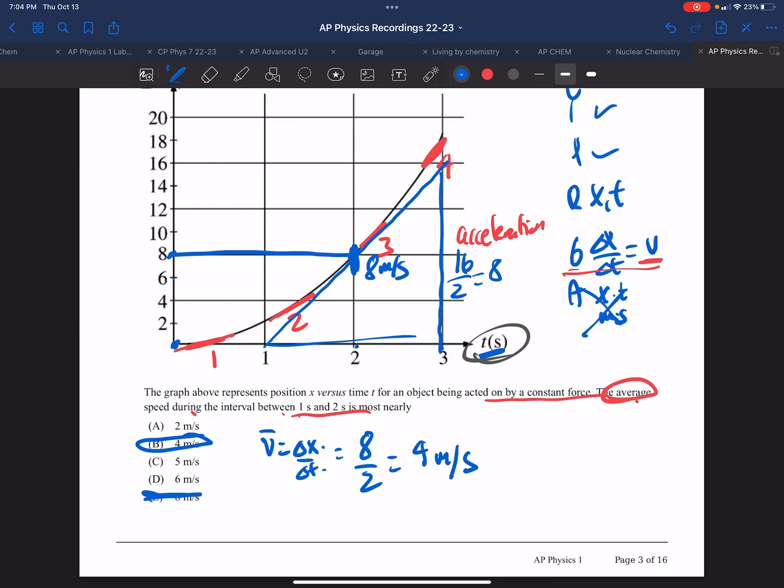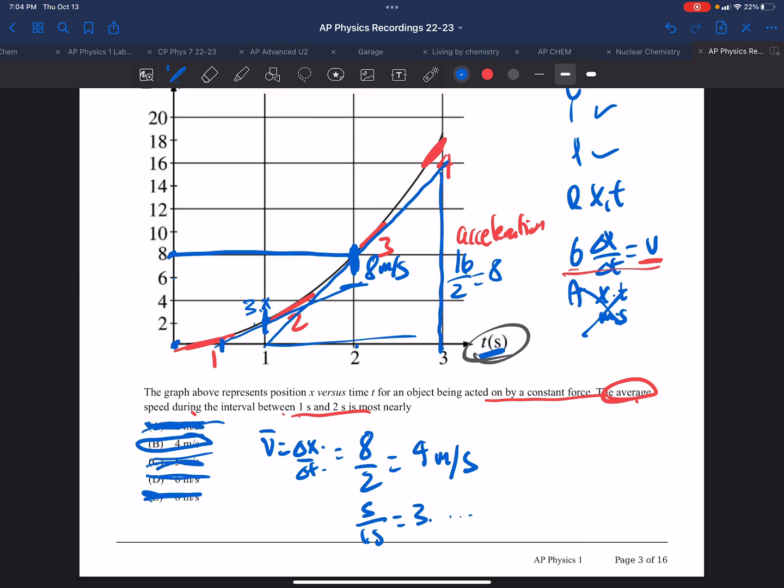And if we look at the time at 1 second, and try to do a tangent there, like so, we might have maybe 5 in 1.5 seconds, which is going to be 3 point something meters per second. So we've got 3 point something meters per second going to 8 meters per second. Not that. And certainly every velocity between 1 and 2 seconds is greater than 2. So that can't possibly be right.